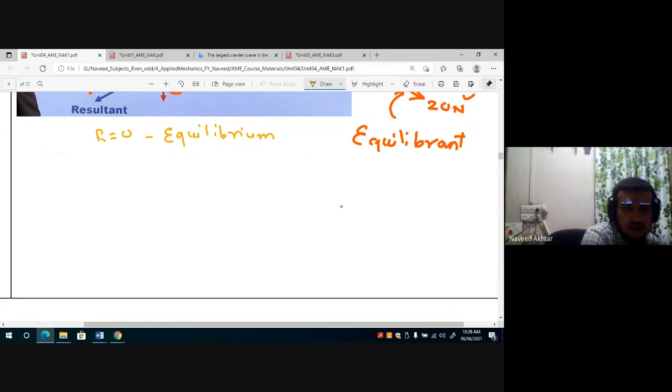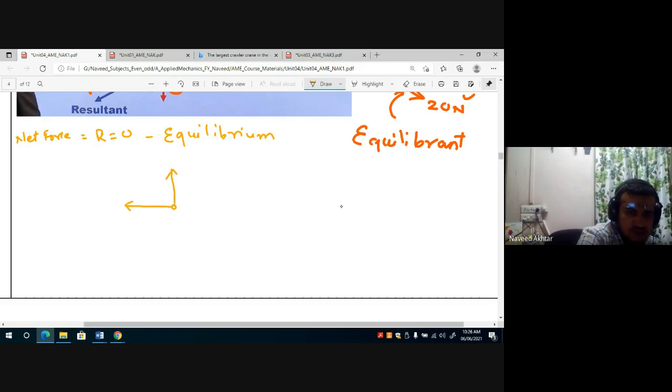Or you can say that the net force, that is the resultant, is equal to 0, and then we can say the body is at rest, and the force which balances the resultant to 0 is called equilibrant.